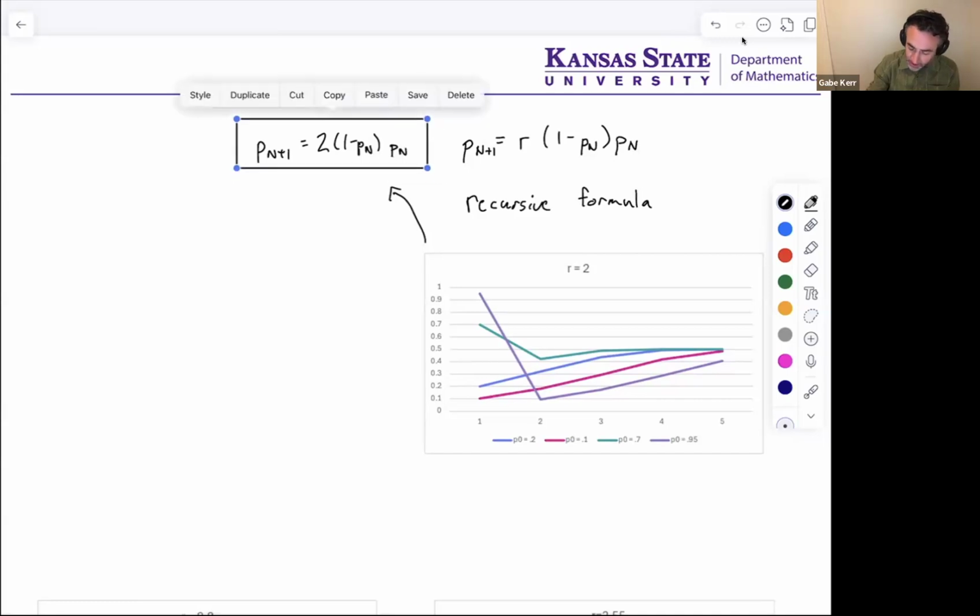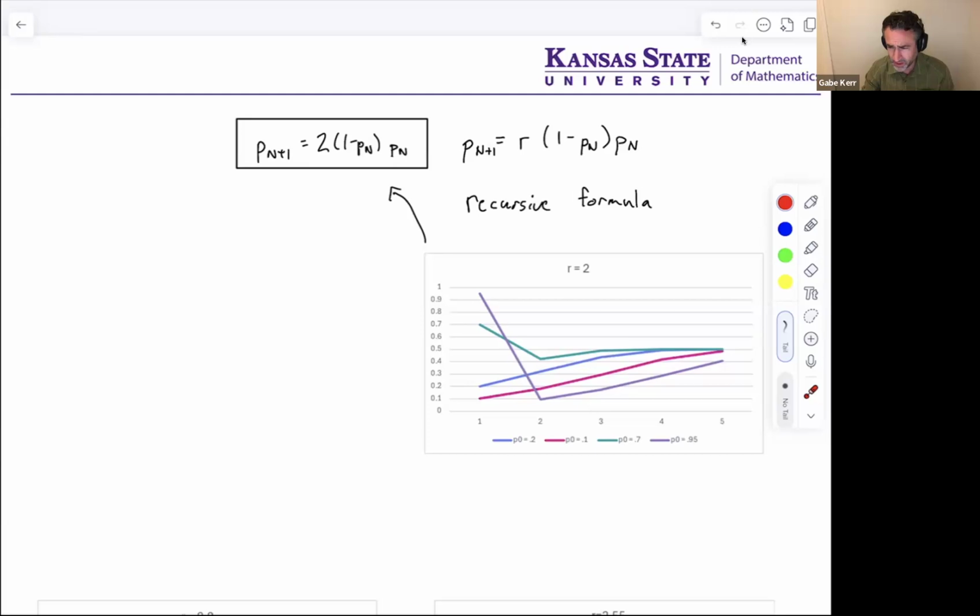I want to see how the population evolves as time goes on. So I gave a few different starting points in this graph. Here's one, here's one, here's one, here's one. I started at time 1, but you could start at time 0. We see how these populations evolve.